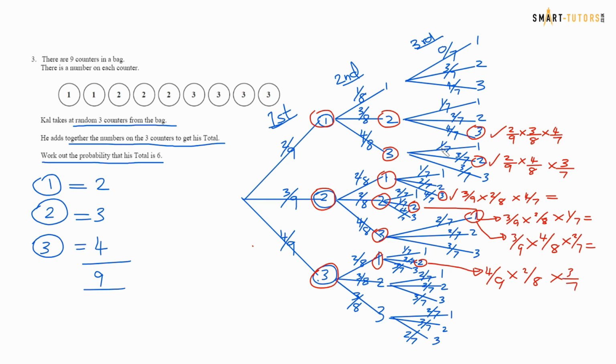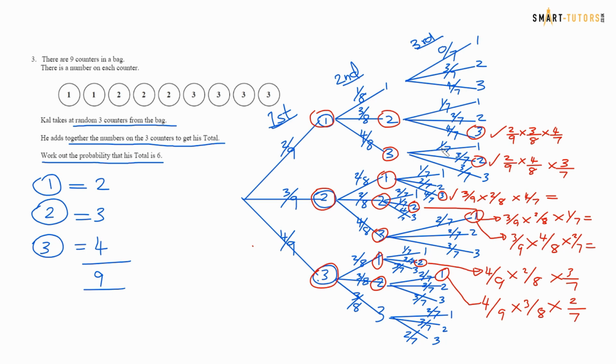Then 3 plus 1, 7 cannot. 3, 2, 1 is going to happen. So for this one, 4 upon 9 times 3 upon 8 times 2 upon 7.